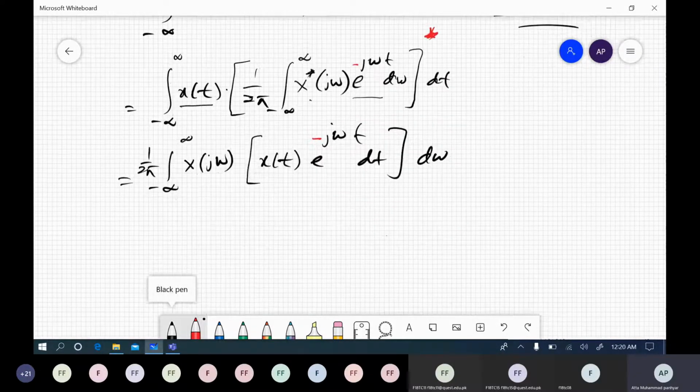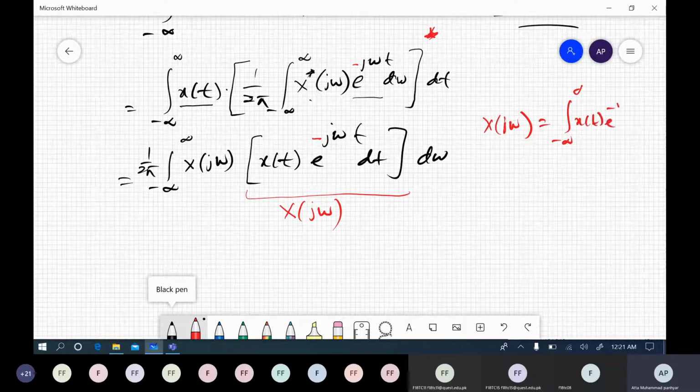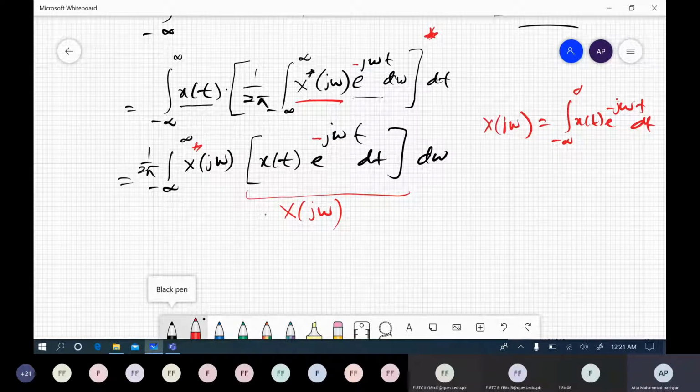So we know what this is. This is x of j omega. If you know the basic definition of the Fourier transform, that is equal to the integral from minus infinity to infinity of x of t e to the power minus j omega t dt. Now you can see this is the same equation, so we can write it as x of j omega, and this was the conjugate, so times x conjugate of j omega.